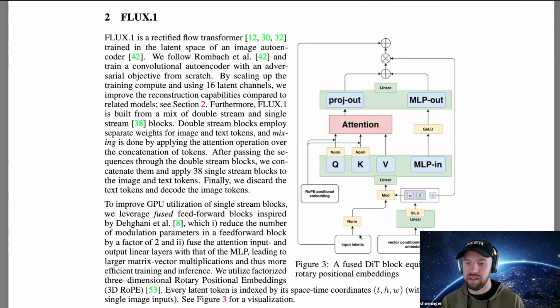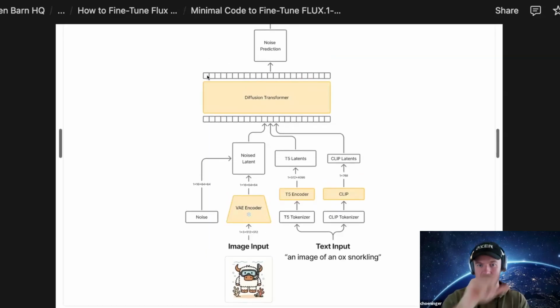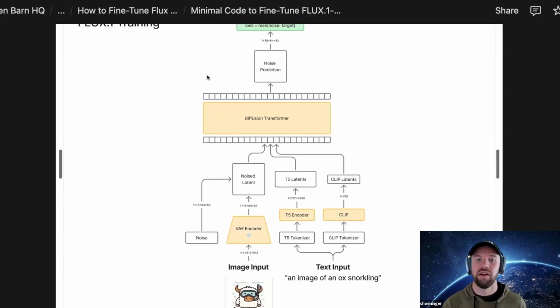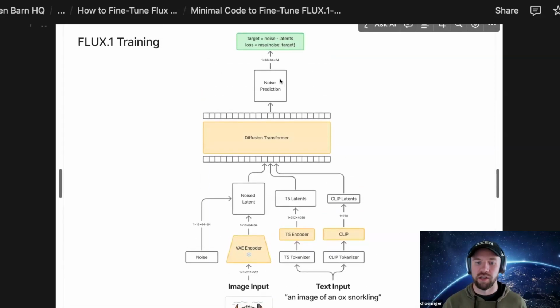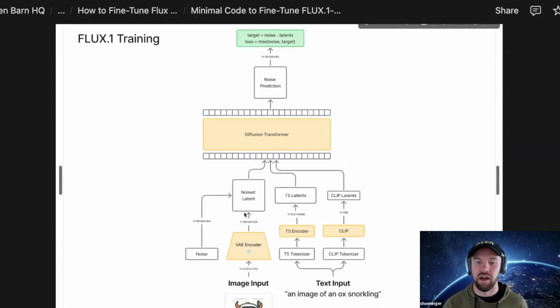So you can see the input latents and the conditioning latents, which are the text latents, going into this transformer block. They flatten all of those things out into a sequence so that the transformer can look at all of the latents and then output a new set of latents and have the model try to predict how much noise was added to this image.